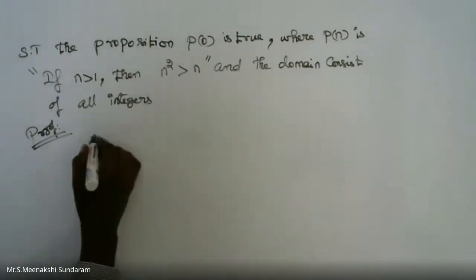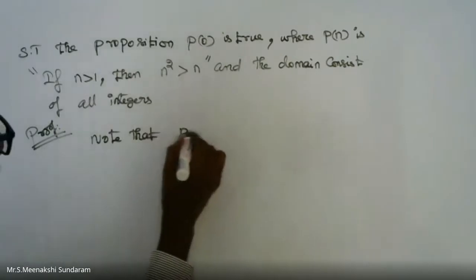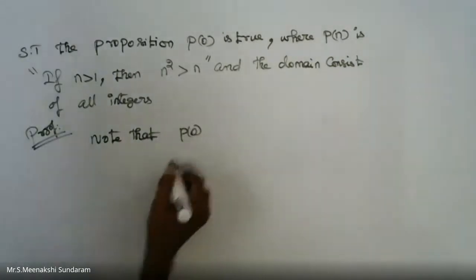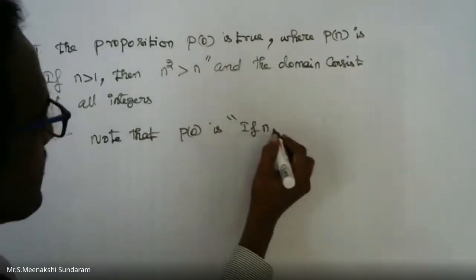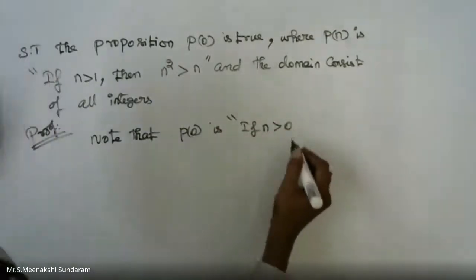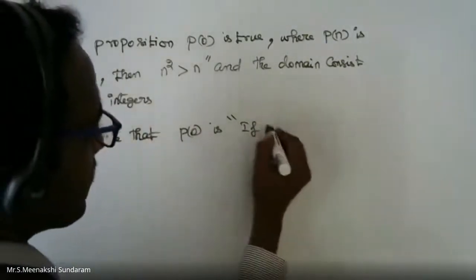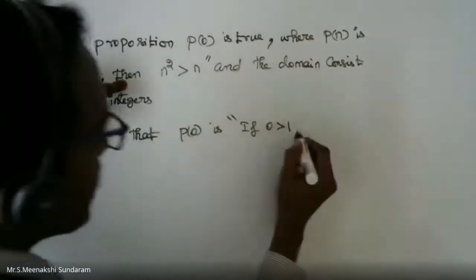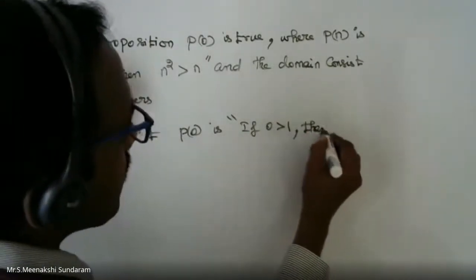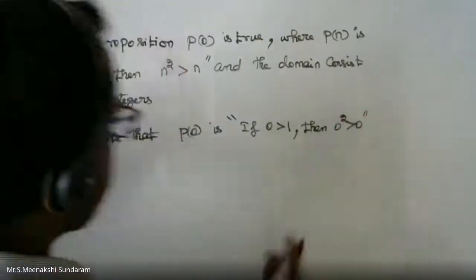Note that P of 0 is the statement: if n is greater than 1, with n value taken as 0. If 0 is greater than 1, put n equal to 0, then 0 square is greater than 0.